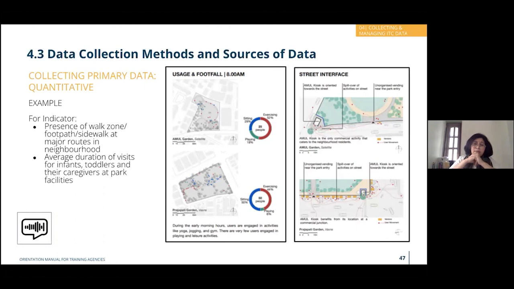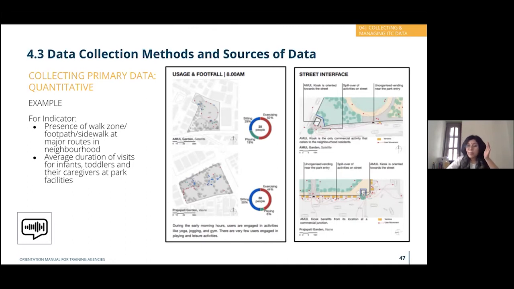Similarly, the other indicator is average duration of visits for infants, toddlers and their caregivers at park facilities. ये कैसे मिलेगा हमको data? Second वाला. Average duration of visits for infants, toddlers and caregivers at parks. Observation या shadow, right? अगर मैंने एक पार्क आइडेंटिफाई किया तो मुझे जाके देखना ही पड़ेगा कि अभी एक caregiver or caregiver came with a 3-year-old child.